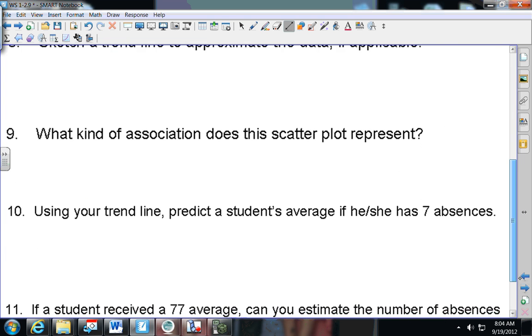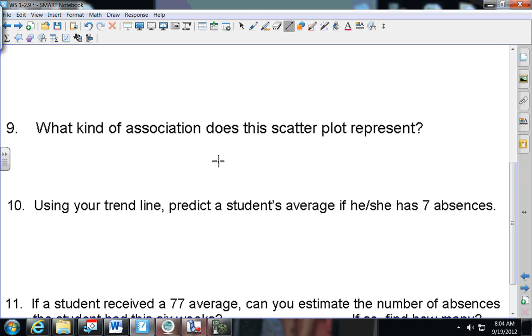The next thing says what type of association. We just said that it's a negative. Okay. All right, now let's look at this. Using our trend line, predict the student's average if he has 7 absences. Circle 7 absences.